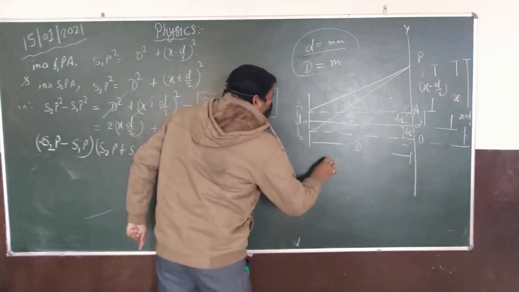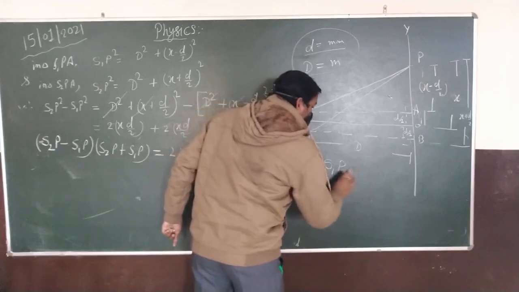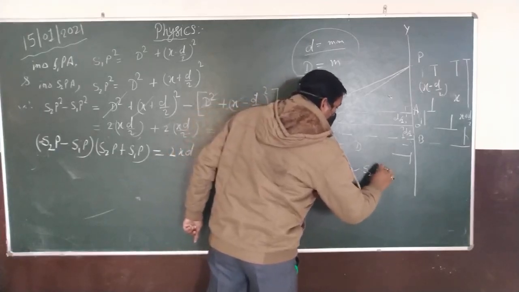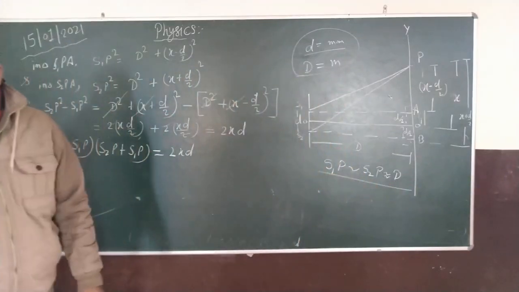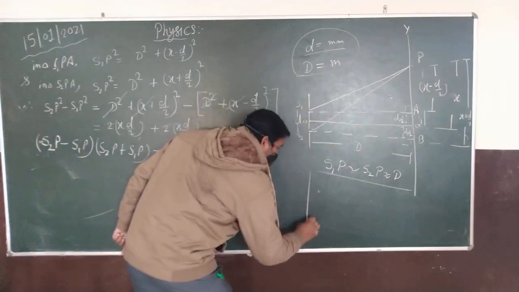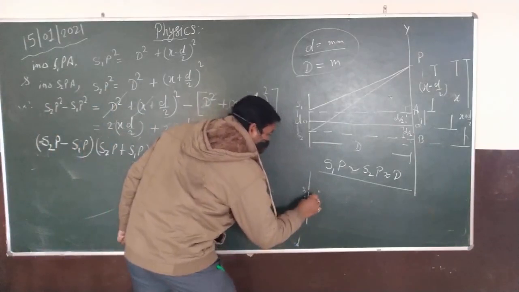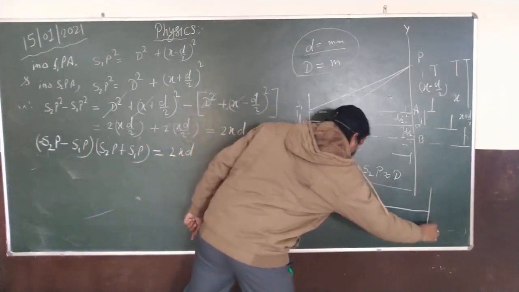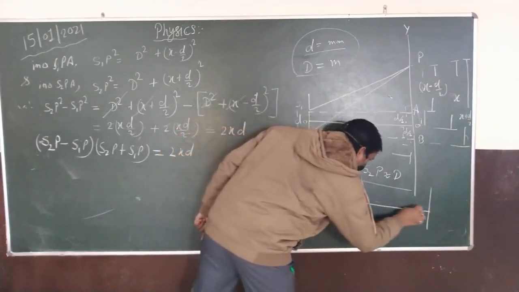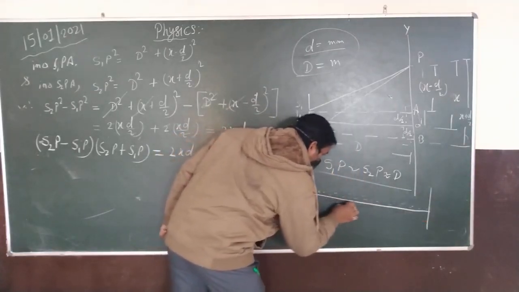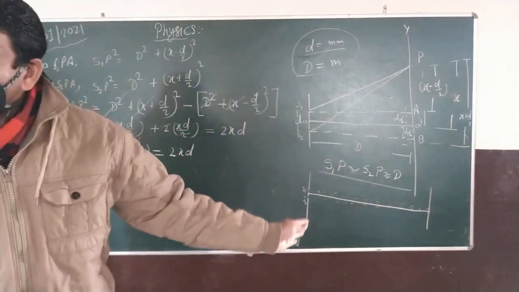So S1P is similar to S2P and these are similar to D. Okay, like this. If these are very near to each other like this, S1 and S2, and the source is here, so the light traveling from here to point this and from here to point this is very near to D only.